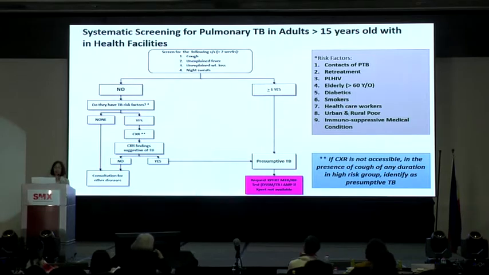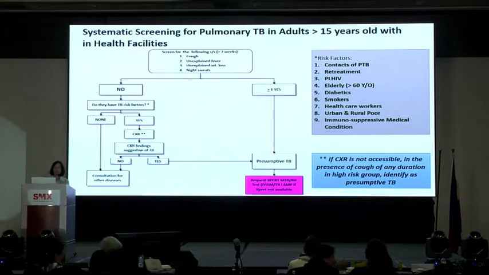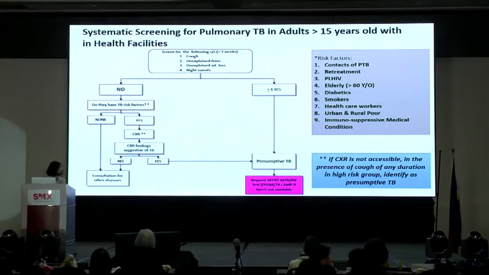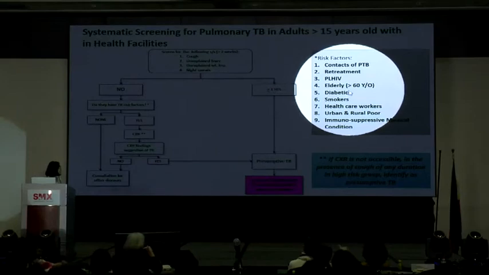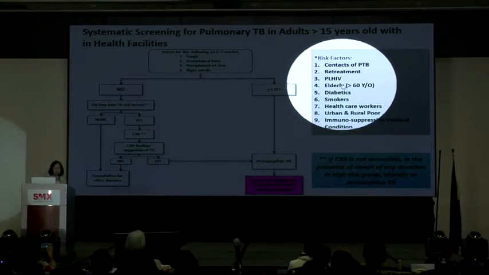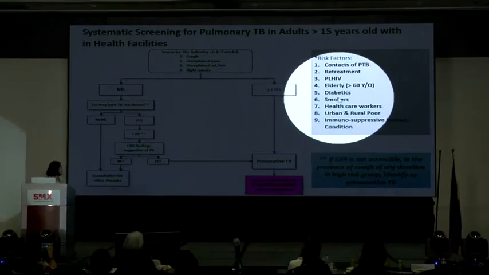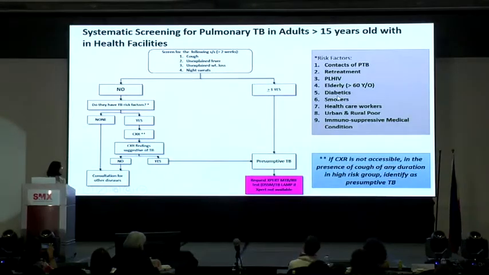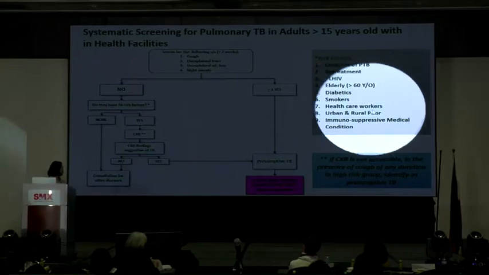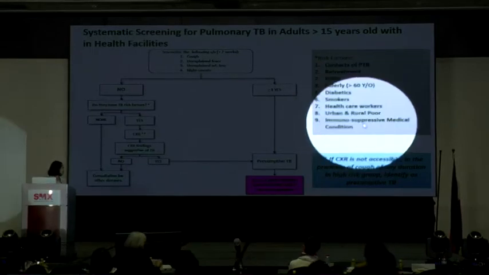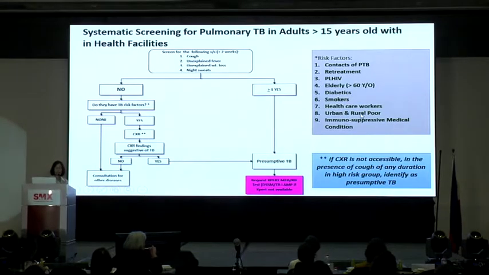If you don't have the signs and symptoms, then we have to look at the risk factors. So these are the risk factors: contacts of PTB, retreatment, if you are a PLHIV, elderly, diabetic, smokers, healthcare workers, urban and rural poor, and if you have immunosuppression.